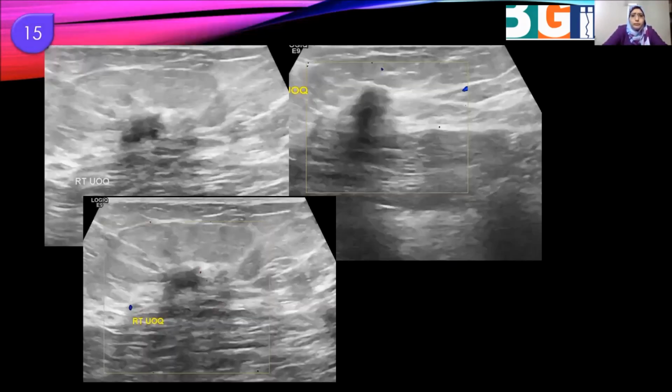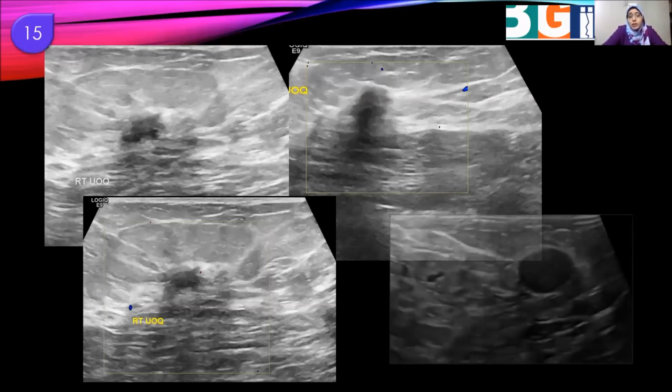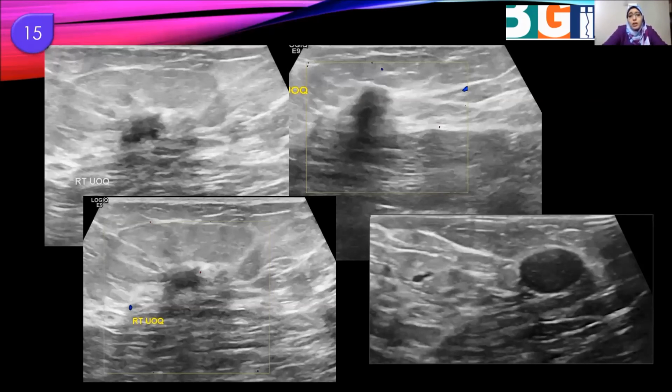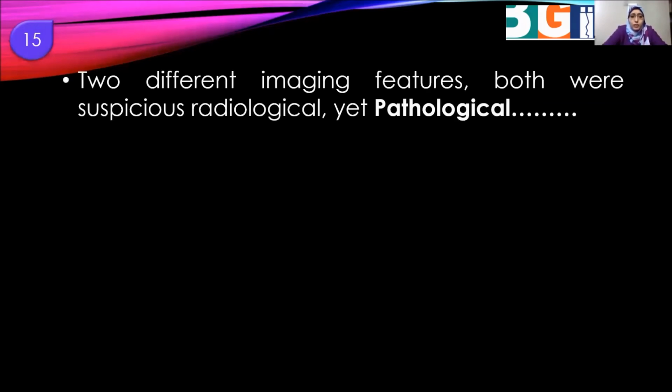And there was another beside the lesion showing an area of architecture distortion, more than being a lesion, not vascular on color Doppler. And on the contralateral side, there was another lesion. It's benign looking, well defined, hypoechoic, going with benign looking features.